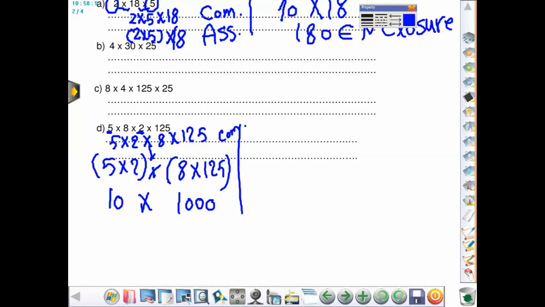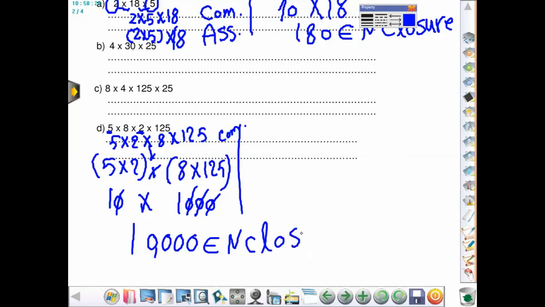No need to use your calculator because all of them are zeros. Count how many zeros here: 1, 2, 3, 4. So I have to drop 4 zeros and count them again to be sure: 1, 2, 3, 4. 1 multiply 1 is 1. So the answer will be 10,000. This number belongs to N, so it's closure.